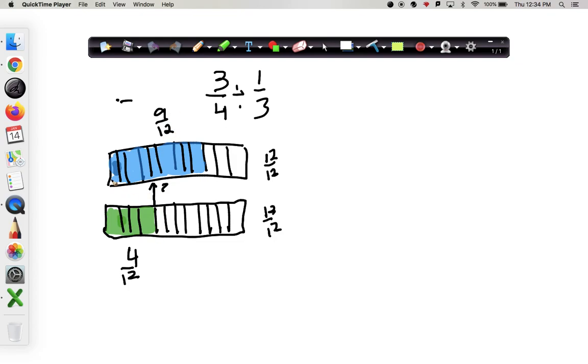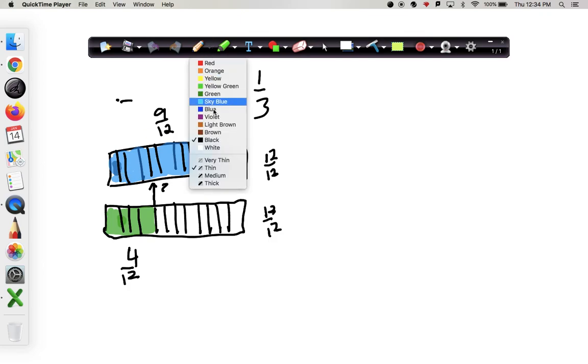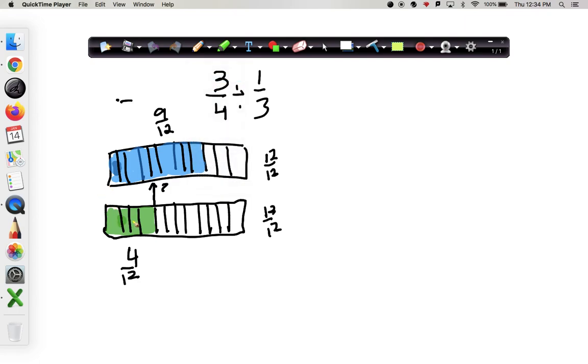So these 4, let me see, I think I'm going to use a pencil and let's use yellow. Okay, so if I take these 4, and that's one thing that I'm counting, that is 1/3.